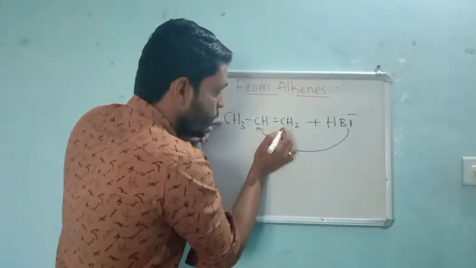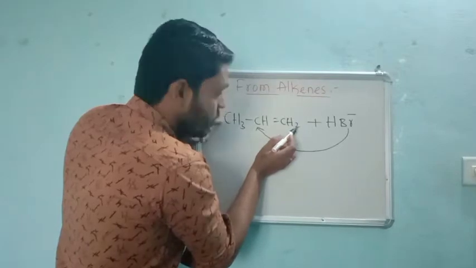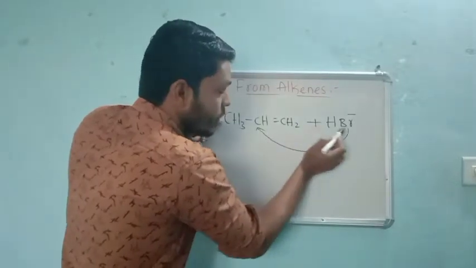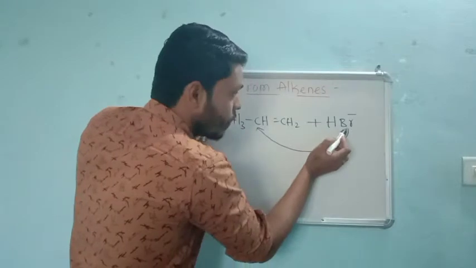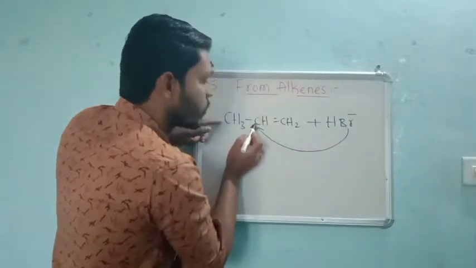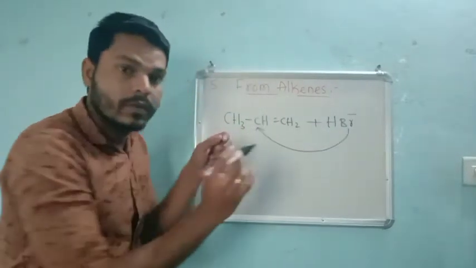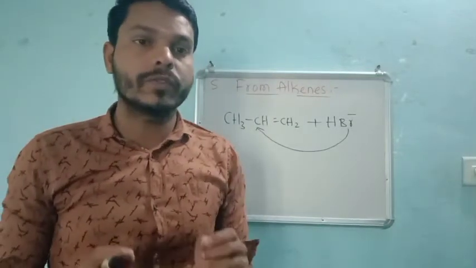Among these two double bonded carbons, which has fewer hydrogens? This carbon. So the negative part will attach to this carbon. That is nothing but Markovnikov's rule.